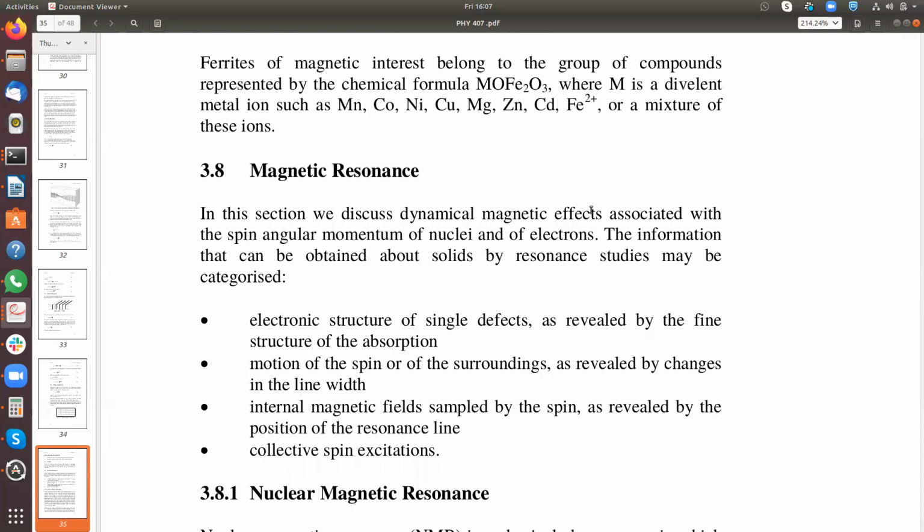If we use magnetic resonance principles, we can deduce the electronic structure of a single defect. In this case, we consider the fine structure of absorption. We also look at motion of spins or of the surroundings as revealed by change in the line width. Internal magnetic fields can also be deduced using magnetic resonance.